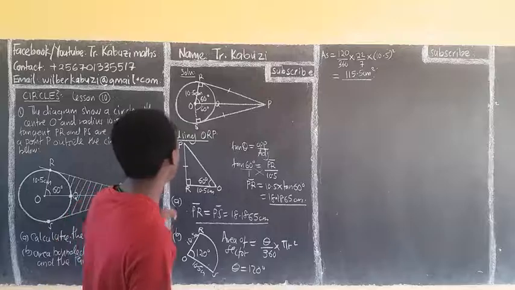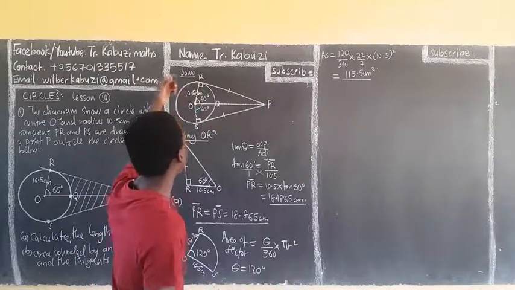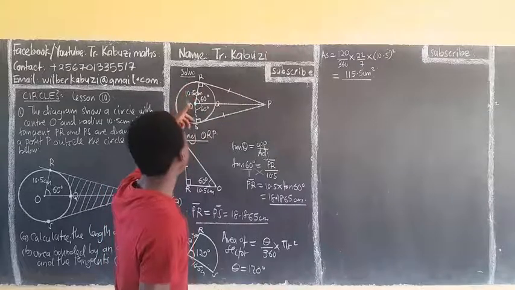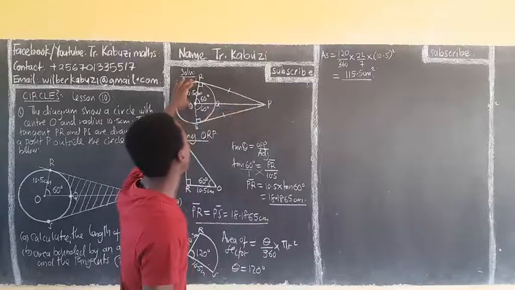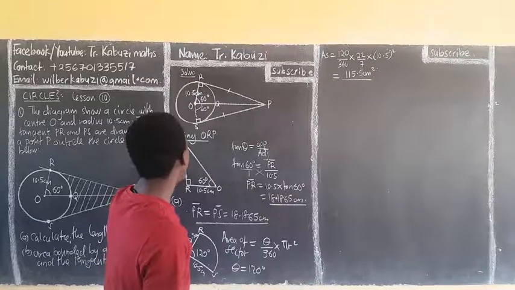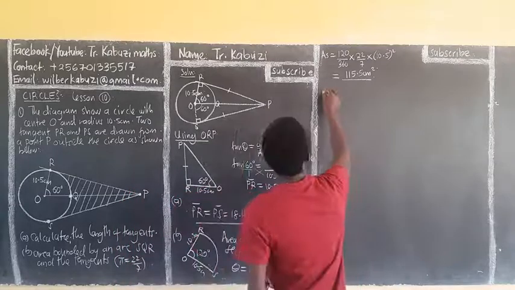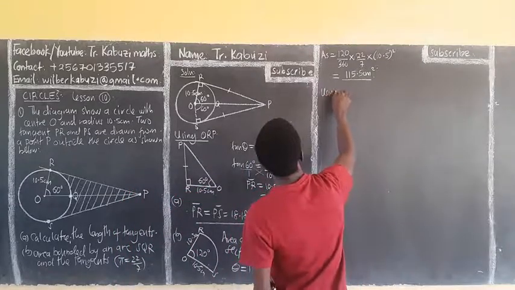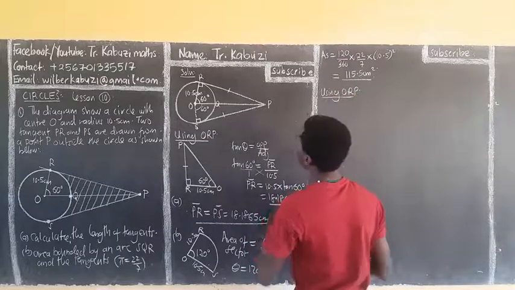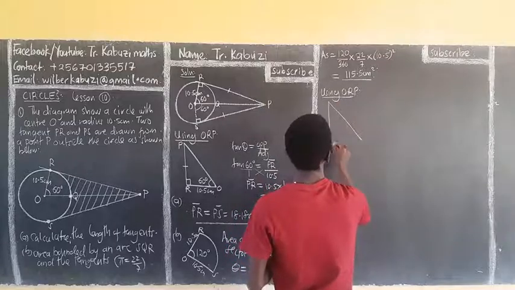Now I also want to get the area of the whole of this triangle. What I'm going to do, this triangle has the same area as this triangle. So I'm going to get the area of this triangle here. I got this line already, so using ORP, this is what I have there.